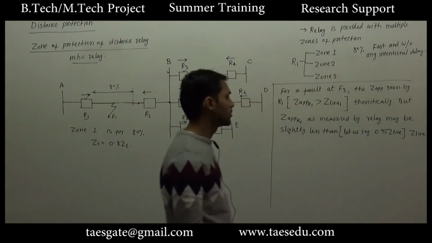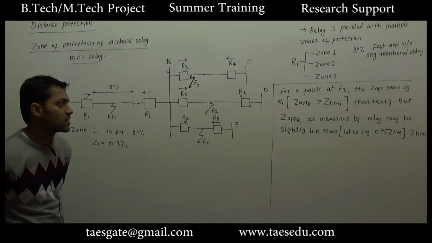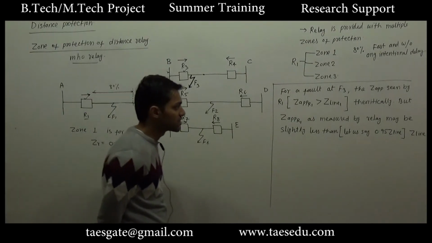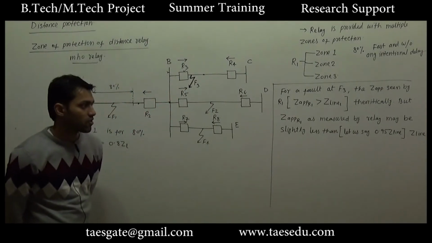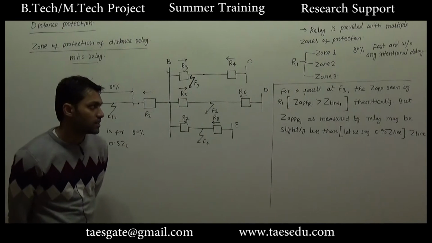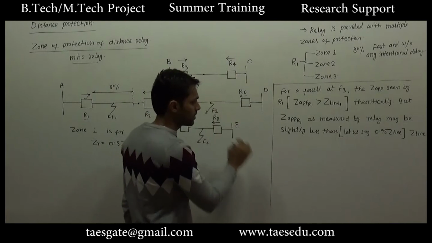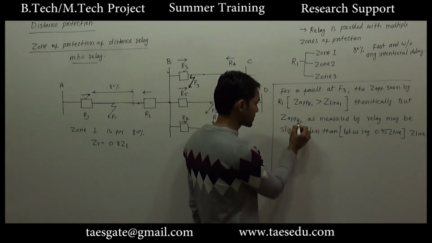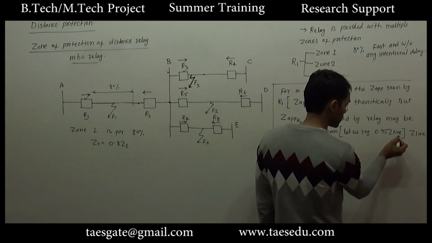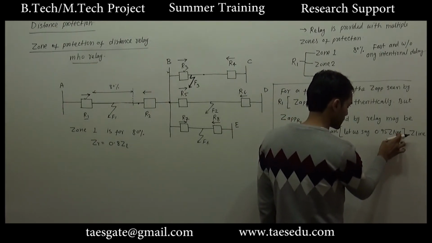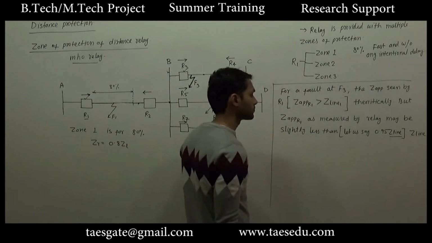Okay, although theoretically Z apparent as seen by relay 1 must be greater than Z line 1, since this is measured by relay and that measurement is not free from error, that measurement is not ideal, even for this fault the Z apparent as measured by relay 1 may be slightly less than the total impedance of the line 1.